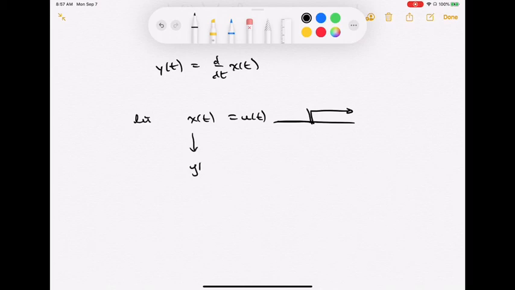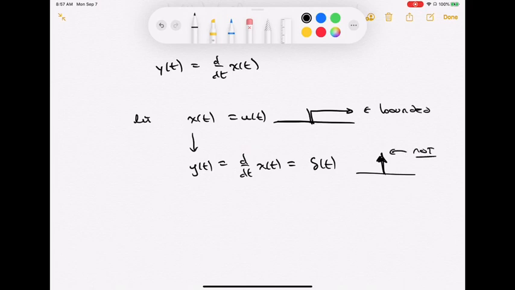I run that through my system. y(t) = d/dt of x(t), right, which is d/dt of u(t), which is just delta(t), right? We've seen that before. So that's going to go and fly off to infinity. This is bounded, right? This is bounded. This guy is not bounded. By counterexample, I see that this is not BIBO stable.